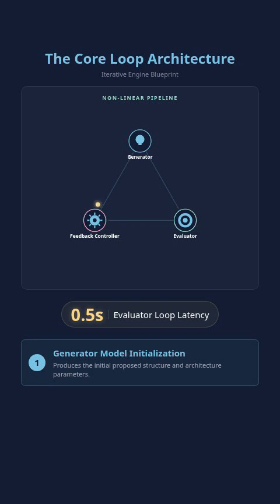Second, the evaluator, which can be a secondary LLM, a deterministic unit test suite, or a runtime compiler, analyzes the output for logical errors, syntax flaws, or security vulnerabilities. Third, the feedback controller translates these errors into natural language or structured debugging trace data and feeds it back to the generator to trigger a refined iteration.